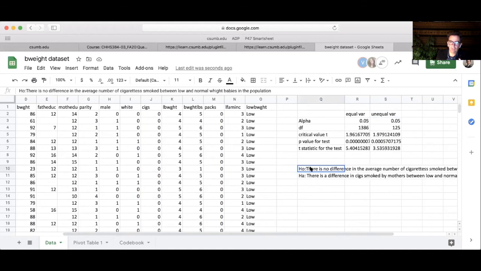And if we reject the null, that there is no difference, then we can accept the alternative, right? And the alternative is that there is a difference in the average number of cigarettes smoked by mothers for babies that were born at low weight and babies that were born at normal or higher weight, right? And of course, this is not news.